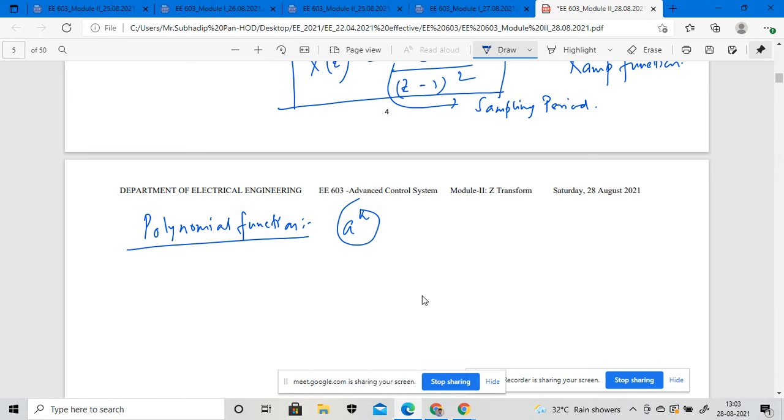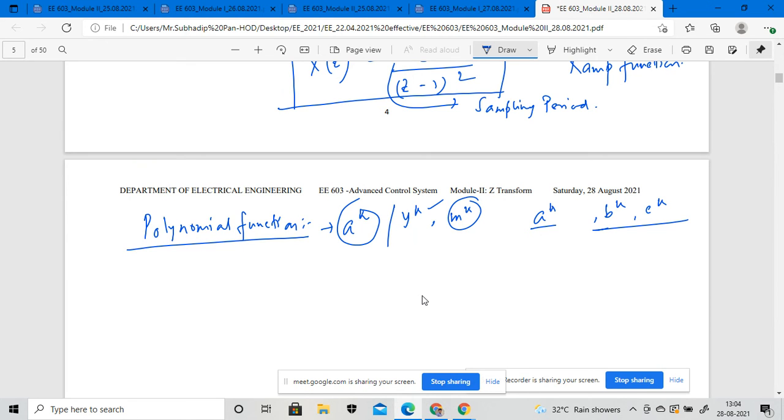Let us assume the polynomial function is a of k, whatever the polynomial function; we could consider y of k, m of k, whatever. So I am considering the polynomial function to be a of k. You can consider b of k, c of k, anything. Let us obtain the z transformation of x of k.